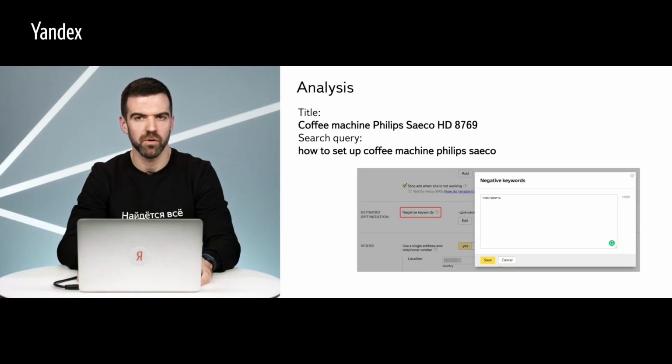In general, the keyword is relevant to the product, but impressions can likewise take place because of nested queries. You can add the word setup to your negative keyword list, since users searching for information on how to set up their coffee machine have most likely already purchased one.